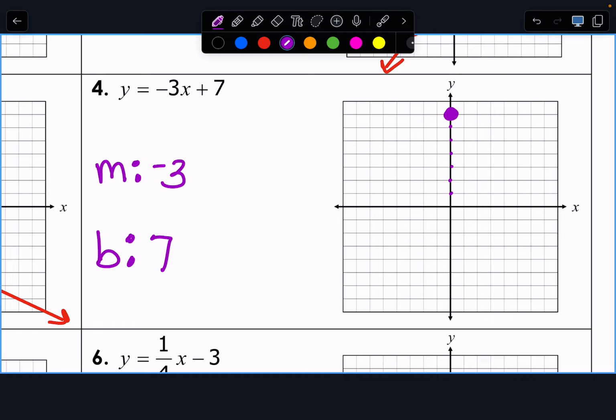But if slope is rise over run, where's the fraction? I should just put this over 1. And now I have rise over run. Now I can go down 3 and right 1. If your slope isn't a fraction, that's cool. Put it over 1, and now you have rise and run.